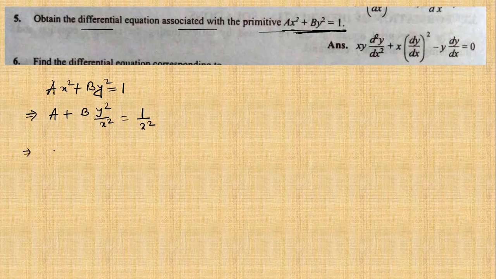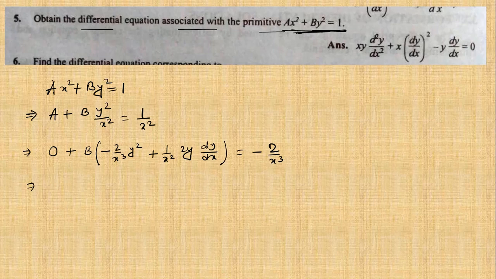Just differentiate with respect to x; derivative of a will be 0. This is b. With respect to x, this is minus 2 by x cube y square and 1 by x square 2y dy/dx equals minus 2 by x cube.